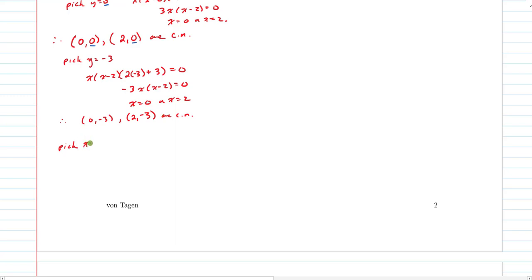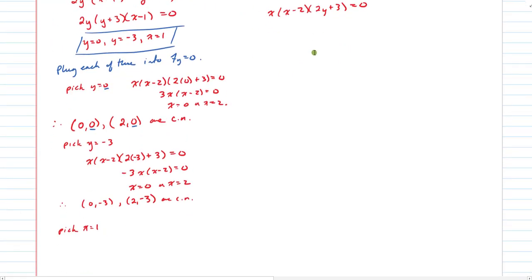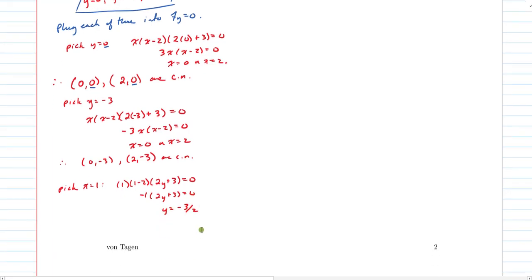So if we pick x equal to 1 and we plug it into the other equation that we want to set equal to 0, we would have 1 times 1 minus 2 times 2y plus 3 would have to equal 0, which happens when minus 1 times 2y plus 3 is equal to 0, or when y is equal to minus 3 halves. And so this gives us the single critical number (1, -3/2). There it is, folks.